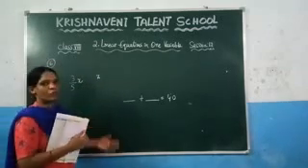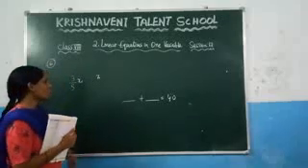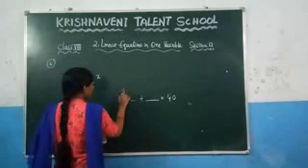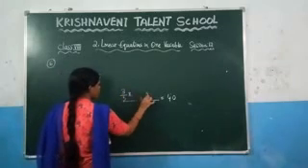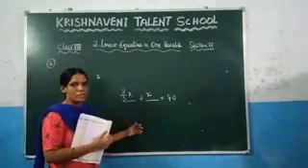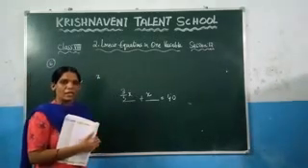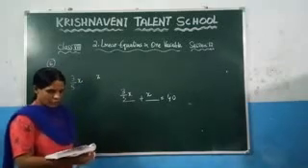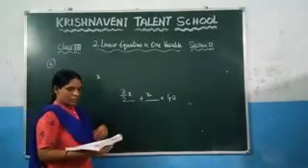Based on this, you need to find the number of boys. That means you need to find the value of x. So here add the number of boys and the number of girls, and after adding, you will get the total number of students in the class, and that is given as 40. So here you need to find the number of boys.